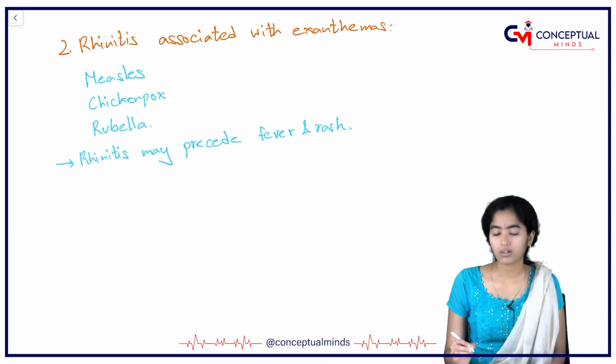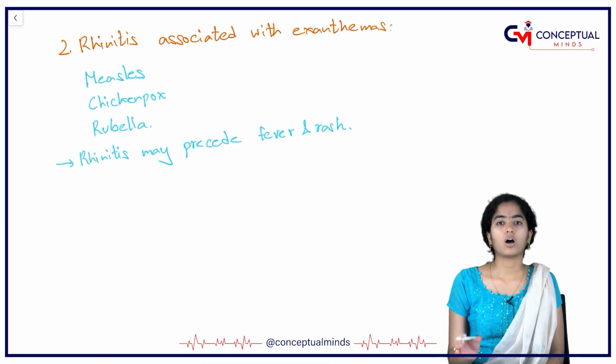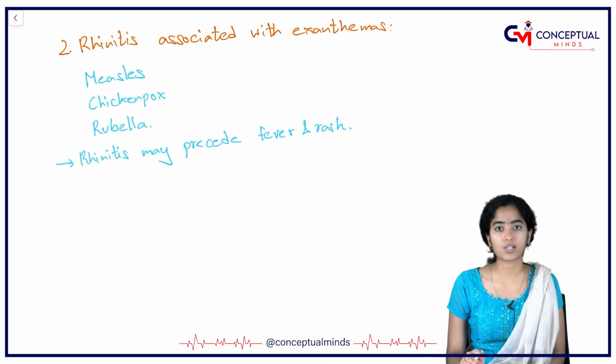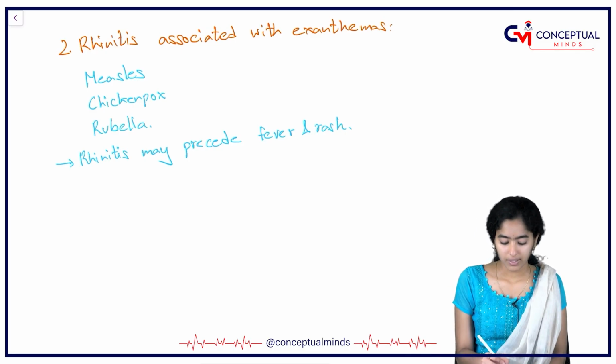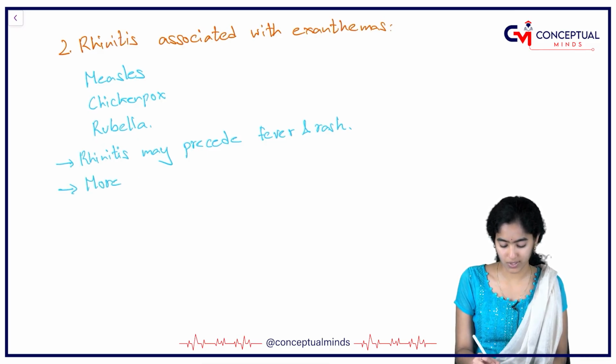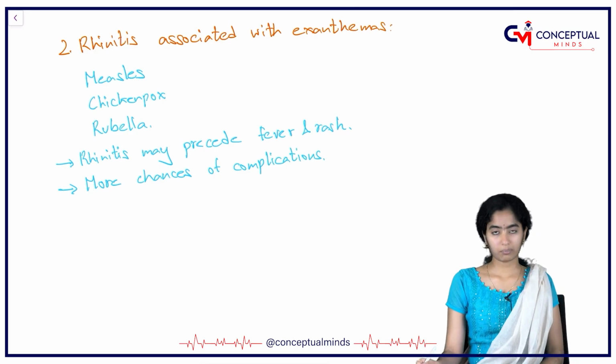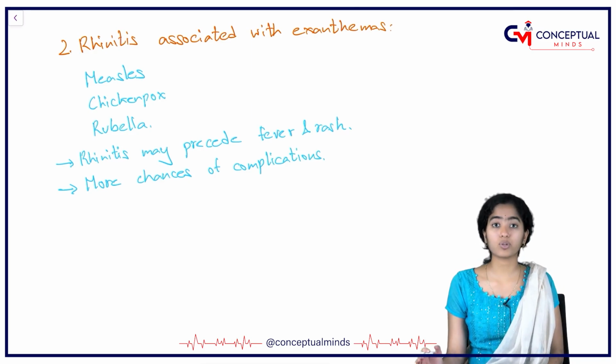And why we must consider and note this point is, a common cold, as I earlier told, coryza, usually does not go into complications, but this rhinitis that is associated with exanthemas has more chances of going into complications. The complications are more frequent and they are more severe type of complications.